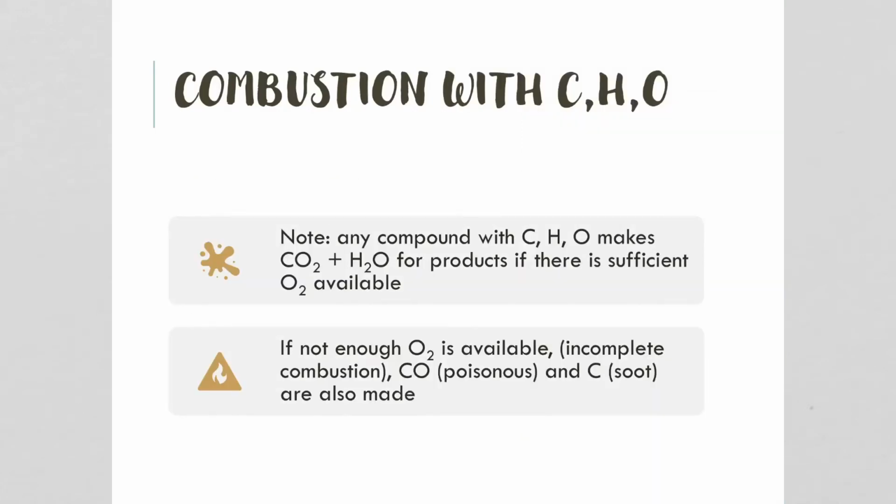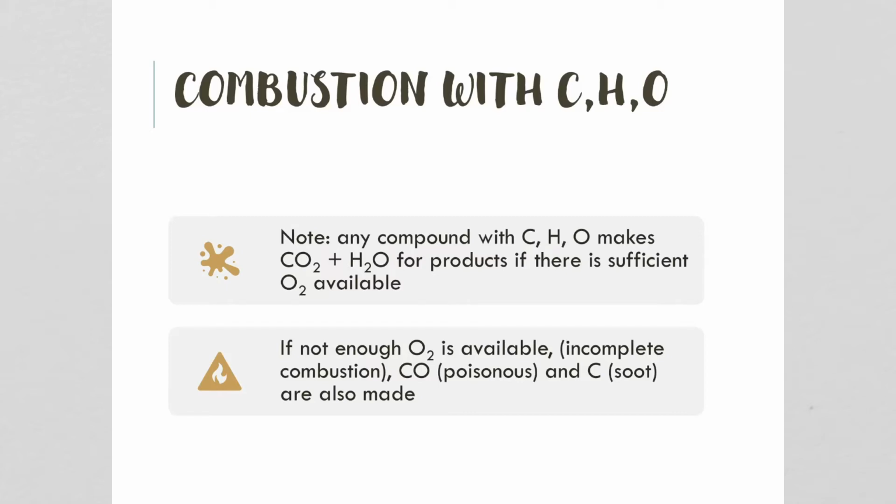Now, if we don't have enough oxygen in a combustion reaction with carbon, hydrogen, and oxygen, so hydrocarbons or anything that has C, H, O, you can have some dangerous byproducts. So when you burn anything with carbon, hydrogen, and oxygen, it will make carbon dioxide and water as products if there's sufficient oxygen available.